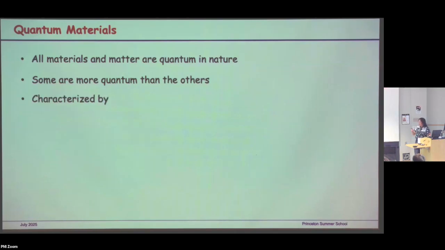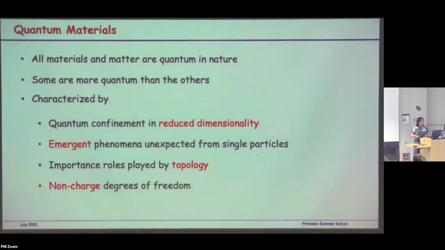So we come up with certain criteria to see what they are characterized by. Quantum materials are characterized, for example, by quantum confinement and reduced dimensionality, for example one-dimensional, two-dimensional, or zero-dimensional materials, such as nanotubes, 2D materials, quantum dots, and nanoparticles.